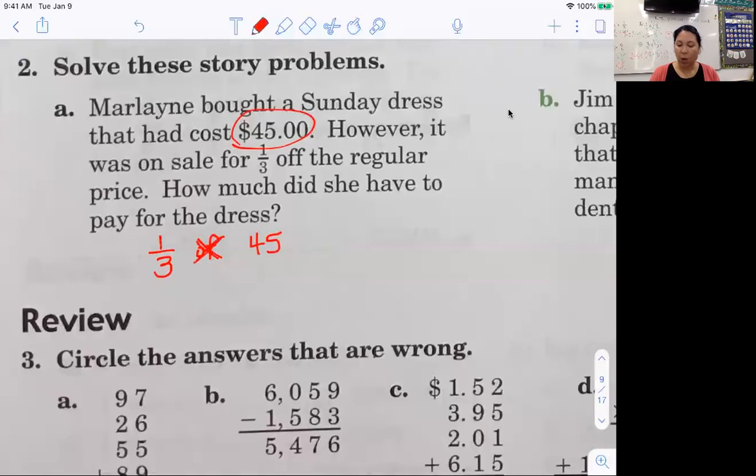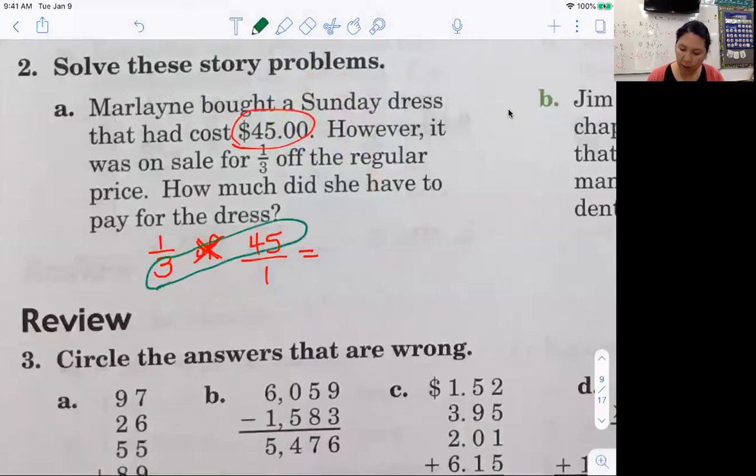So we're doing 1/3 times 45. Well, look, guys, we need to make one here, right? So 1/3 times 45/1. Can I cross cancel this, third grade? Can 3 go into 45?